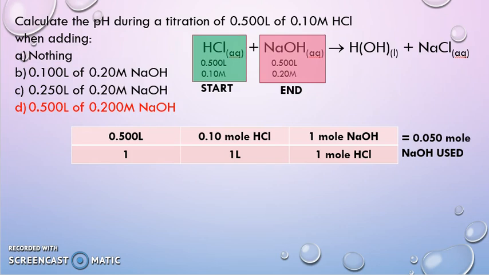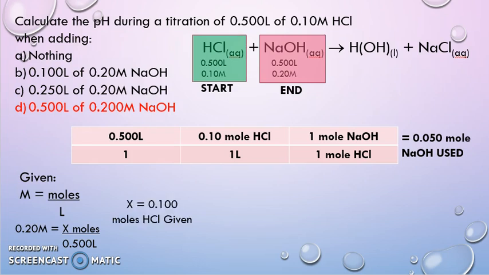Well, it's nice to know how much you've used, but you need to know how much is left, which means you need to know how much you started with. You are provided with all of the information you need right in the beginning of the problem. You have 0.5 liters and 0.2 molar NaOH. Plug and chug that into the molarity equation so you can figure out how many moles of material you are provided with.